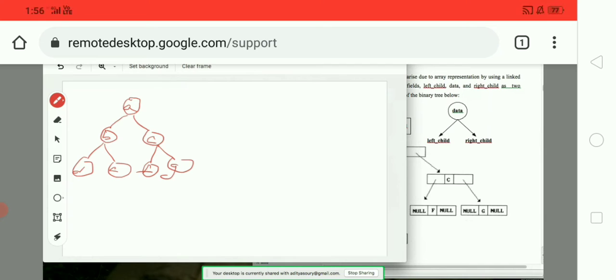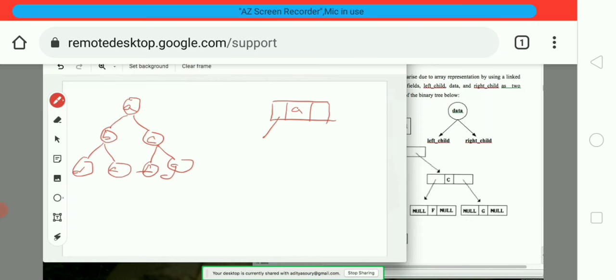Now I would like to represent this binary tree in a linked list. So in the center we store the data element, on the left side we store the address of the left child, and on the right side we store the address of the right child.